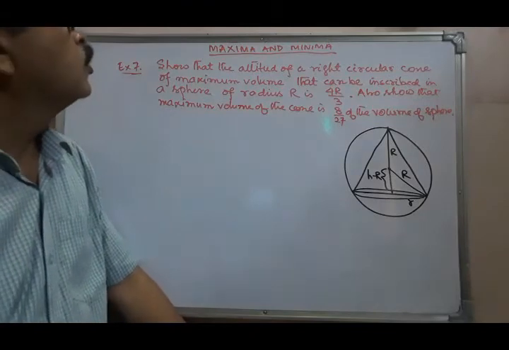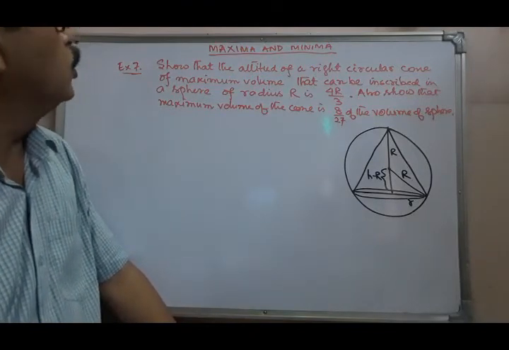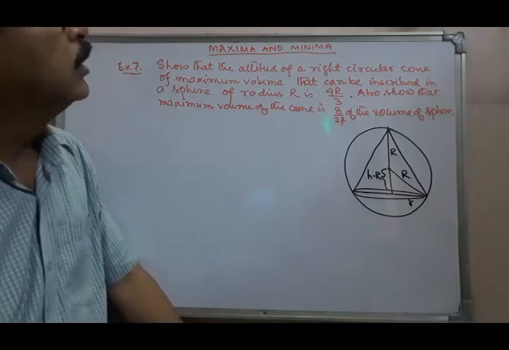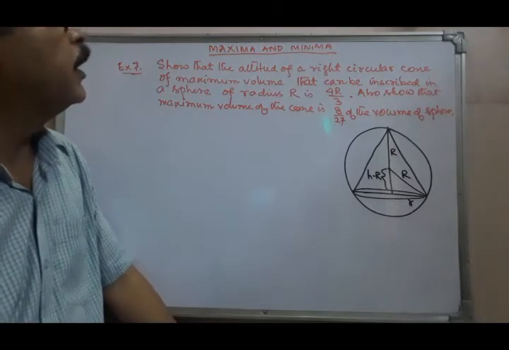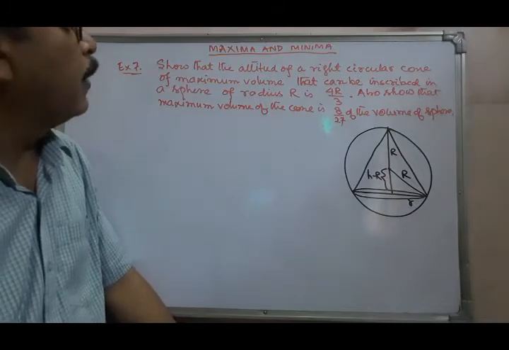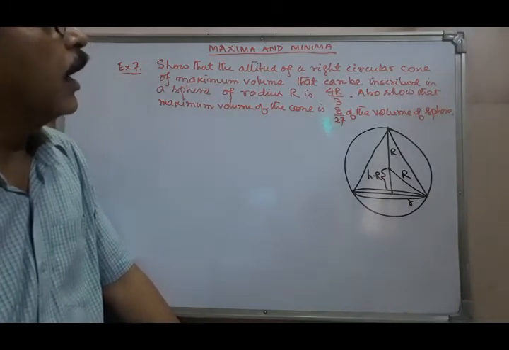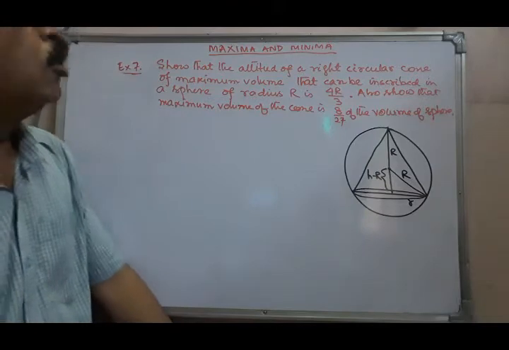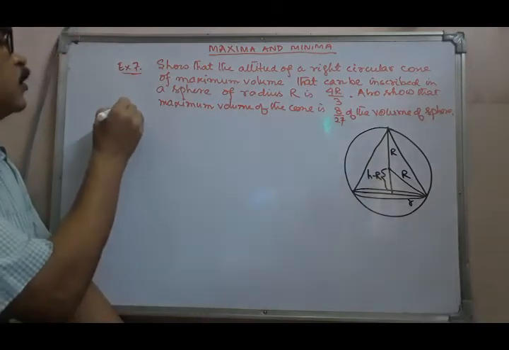Example 7. Show that the altitude of a right circular cone of maximum volume that can be inscribed in a sphere of radius capital R is 4R by 3. Also show that the maximum volume of the cone is 8 by 27 of the volume of the sphere. Solution.